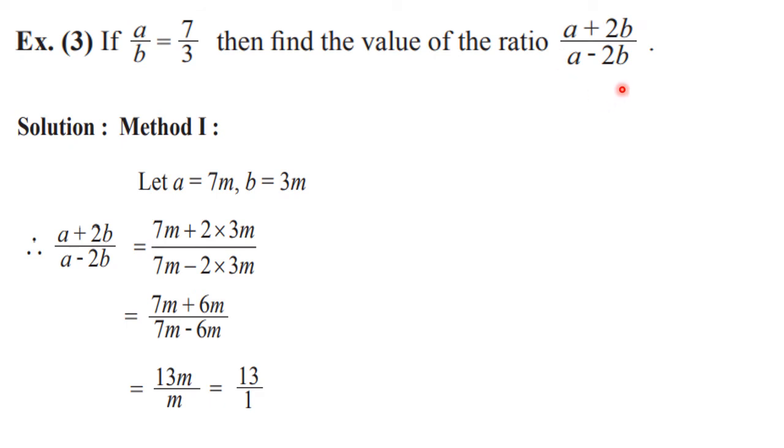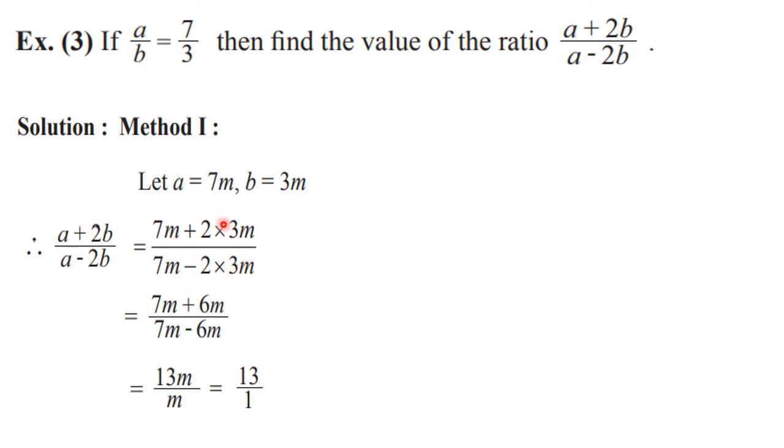Then simply copy down the thing which we want to find out, that is A plus 2b upon A minus 2b, and simply substitute 7m in place of A and 3m in place of B. Simply replace A by 7m and B by 3m. That is the step.